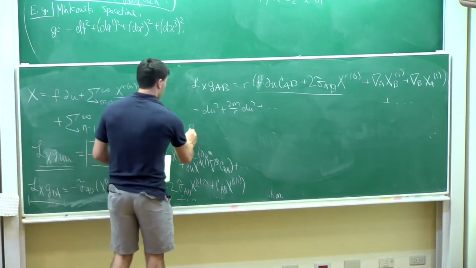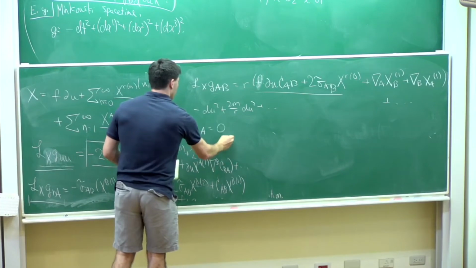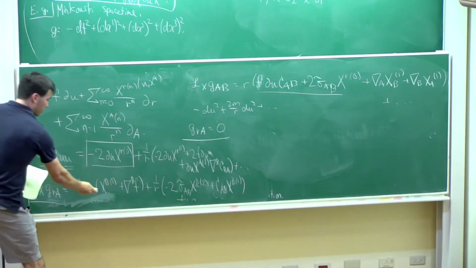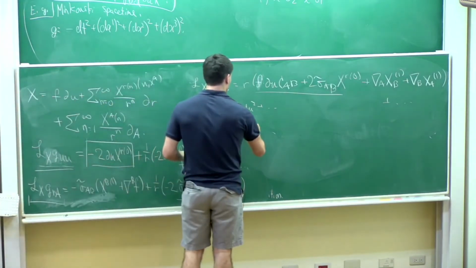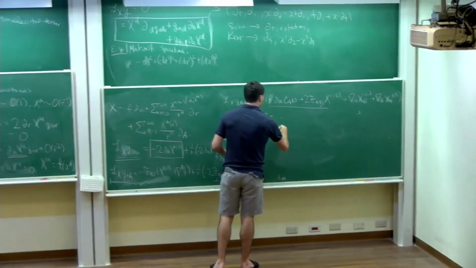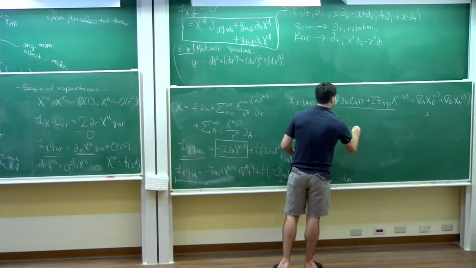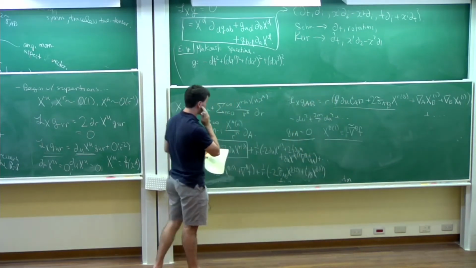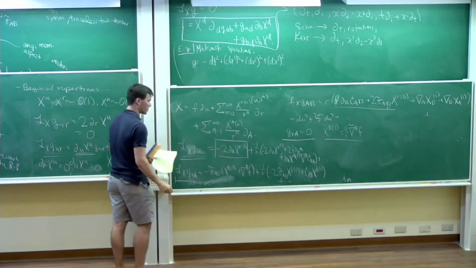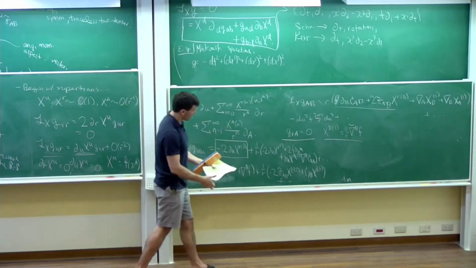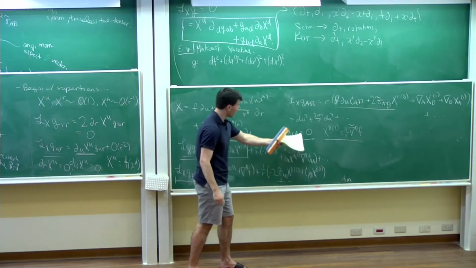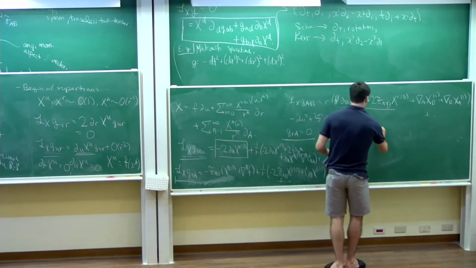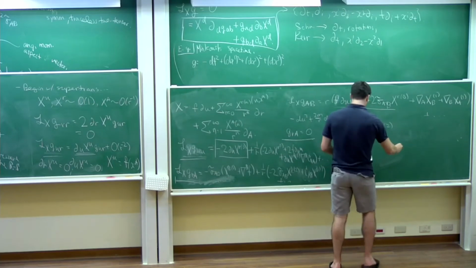The gauge condition g_rA equal to 0 has to be preserved, and so from that we immediately get the expression for this first angular term in the vector field. And looking at the next order term, again, we need to preserve this, so we can find the next order as well.